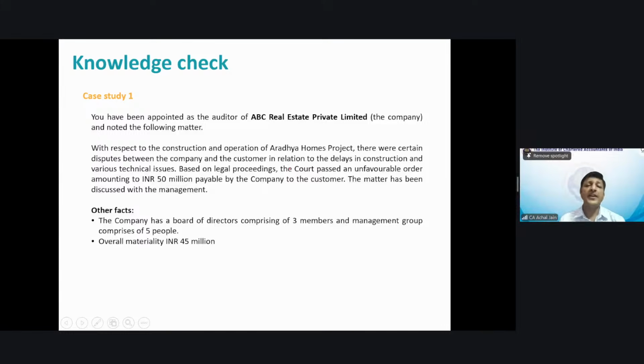Now, you have been appointed as auditor of ABC Real Estate Private Limited, because that's the company, and noted the following matter. With respect to the construction and operation of Aradhya Homes project, let's suppose there's a project. There were certain disputes between the company and the customer in relation to the delays in construction and various technical issues.